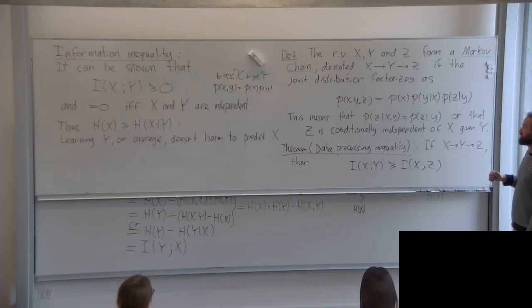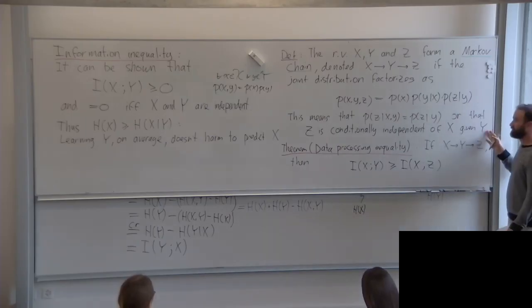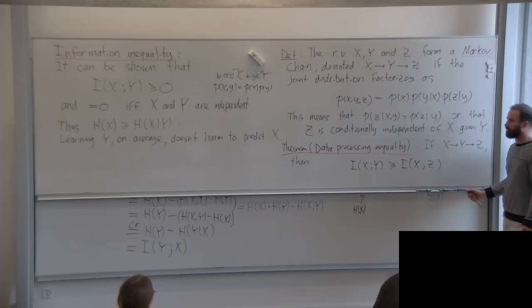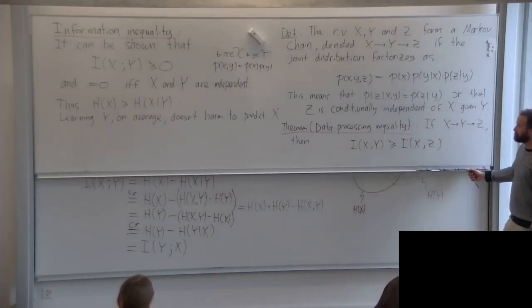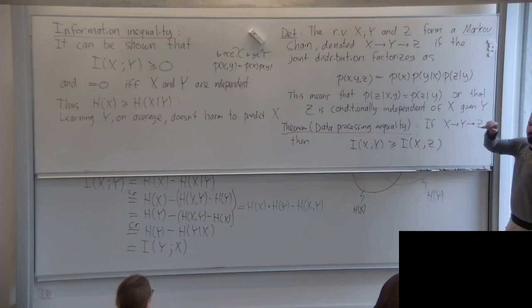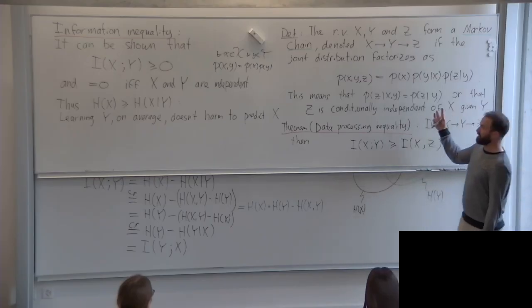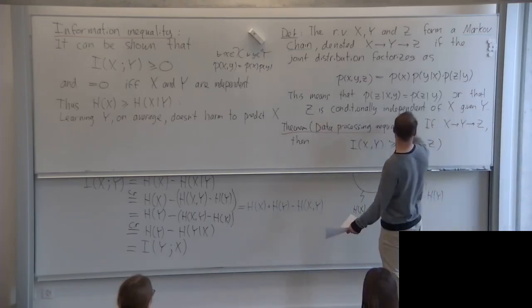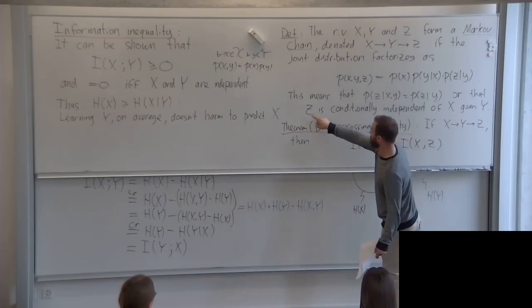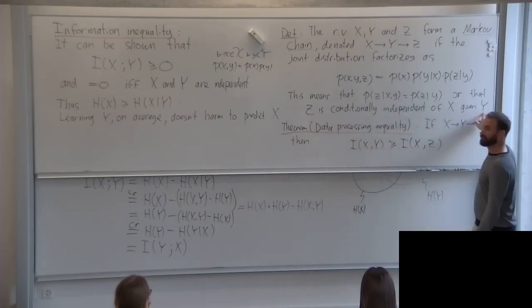There are other causal structures which would also lead to this same conditional independence. For example, I could just flip the arrows. If I flip the arrows, I would get that x is conditionally independent of z given y.